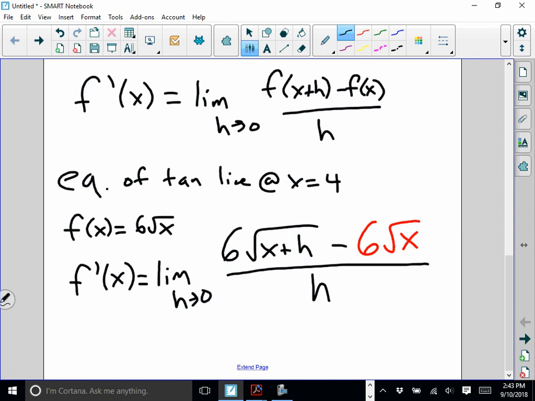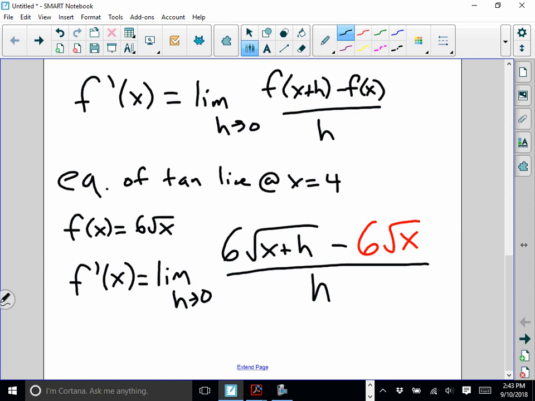to be a trinomial. Okay, so when we get to this point, we want to think about what's happening. Our first step with limits is plug in 0, or plug in the number in the limit to determine what we get. What's going to happen when we plug in 0 here?